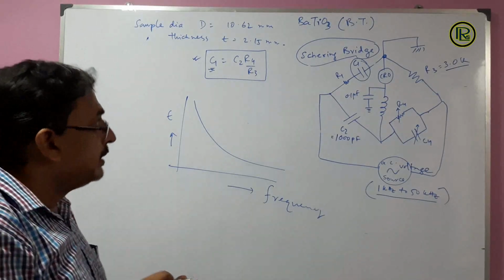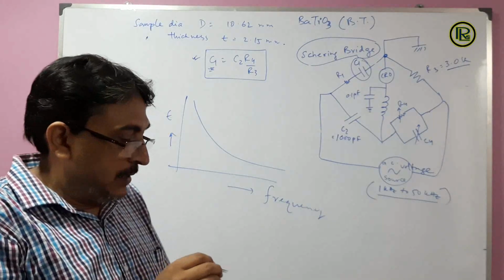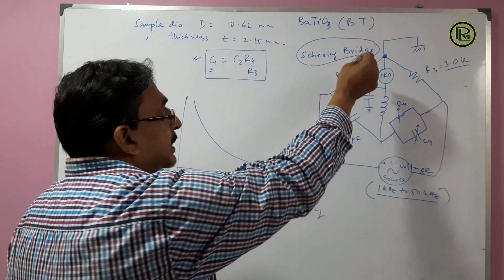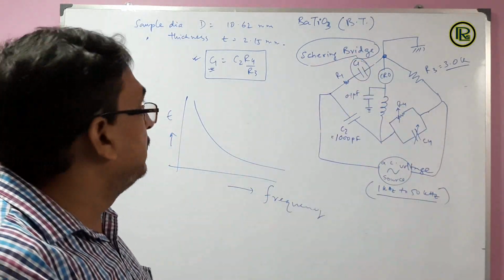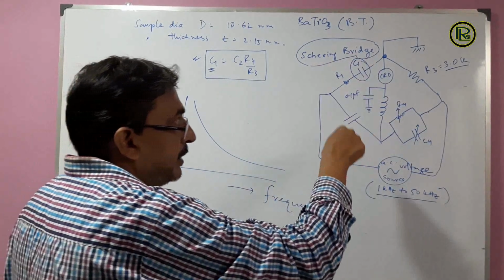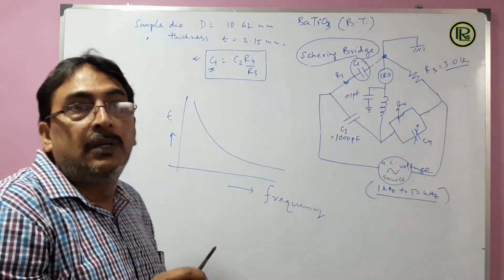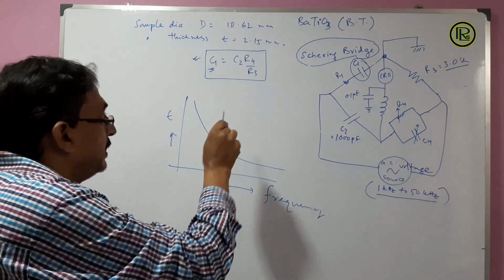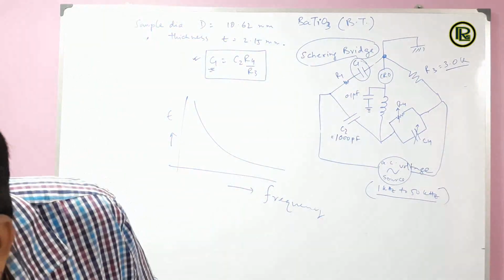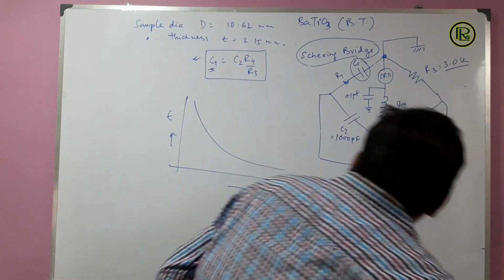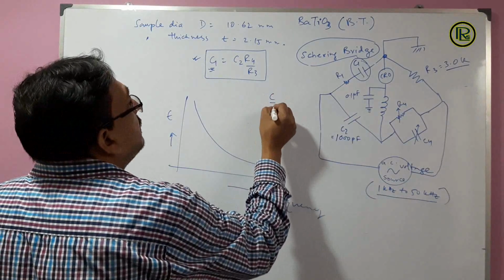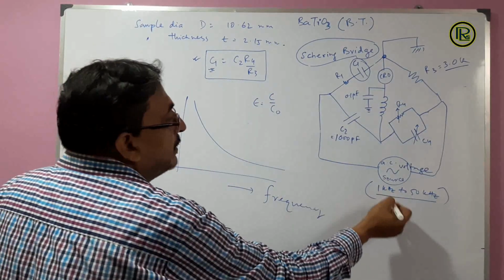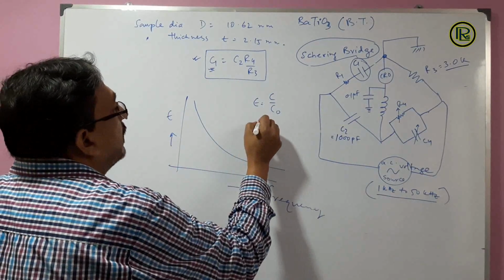If we insert this dielectric sample within C1, then from the balance condition in the CRO we can get the value of C1. Taking the ratio of C1 by C0, we can get the value of epsilon at a certain frequency, say 1 kHz.